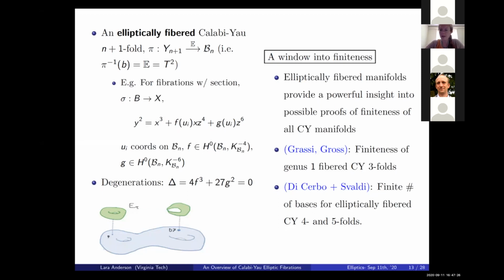The reason that I'm primarily going to try and talk about manifolds that admit fibrations for the remainder of this talk is that they provide an important window into considering finiteness. As I already mentioned, in work in the 1990s, Grassi and Gross showed that there is a finite number of Calabi-Yau threefolds that can be written as a T2 fibered over some complex surface, B. Basically, the proof goes by showing that because you have a mystery Calabi-Yau manifold, you can break it into a fiber and a base, and you can characterize which base surfaces you can have and then how complicated the twist, just like the Mobius strip, how complicated can you twist this T2 over every point in the base.